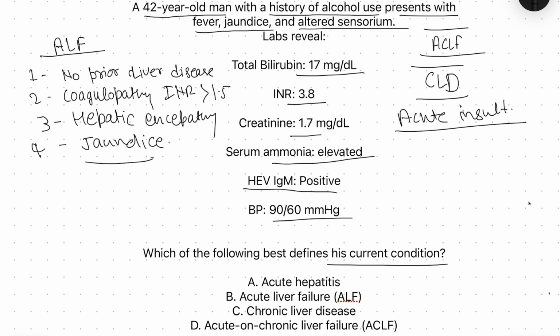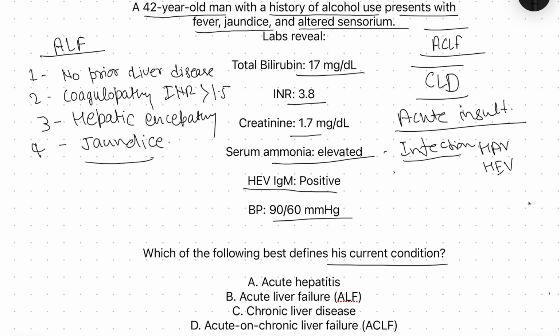The acute insult in CLD could be infection or sepsis. Infection could be hepatitis A virus infection, HEV infection, or acute reactivation of hepatitis B virus, or EBV, CMV, parvo, an acute insult on hepatic cells. So always in pre-existing liver disease there is an acute insult on the liver. This is the defining criterion for ACLF, and it will manifest as jaundice and hepatic encephalopathy.